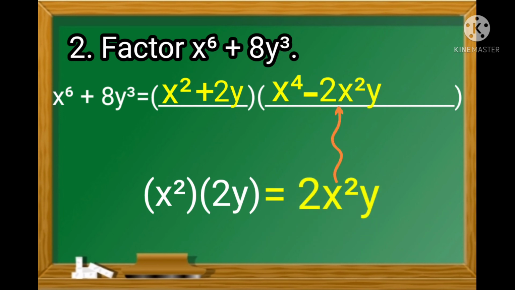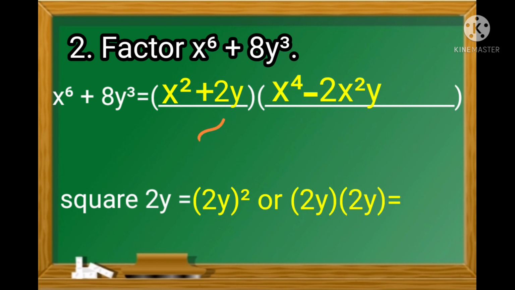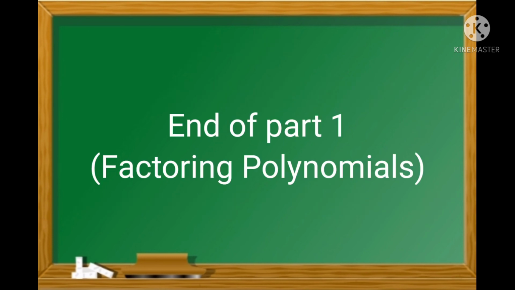To continue, to get the last term of our trinomial factor, we will square the last term, which is 2y. That is (2y) squared, or 2y times 2y, and the product is 4y squared. That concludes our part 1 in factoring polynomials.